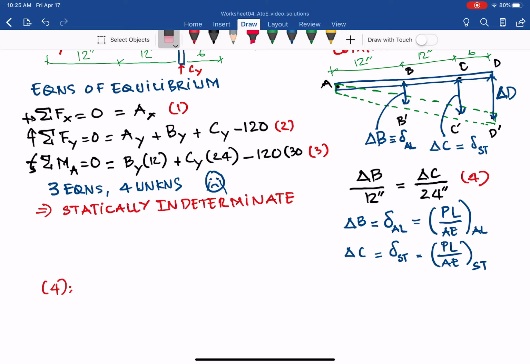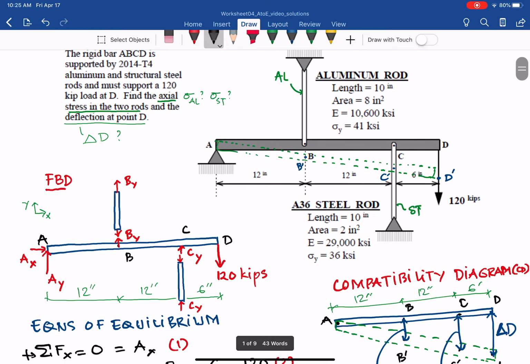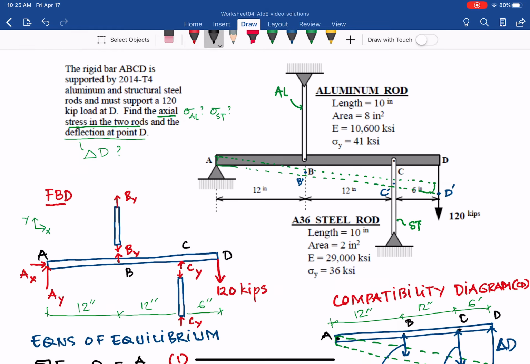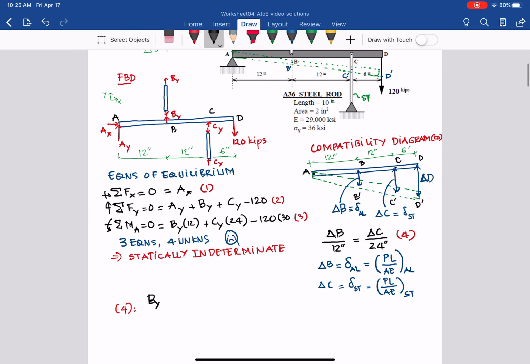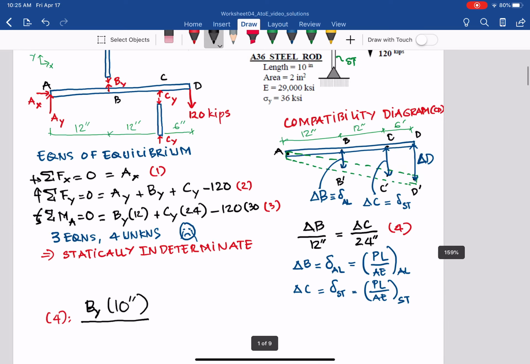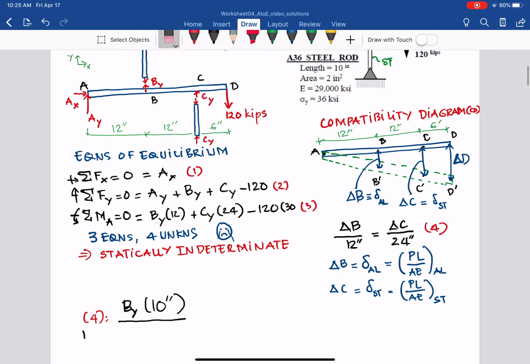So we have BY for the aluminum, which is the load P on the rod, times L, the length of the aluminum rod, which is 10 inches. The steel rod is also 10 inches. So we put L here as times 10 inches over 12 inches in that equation.